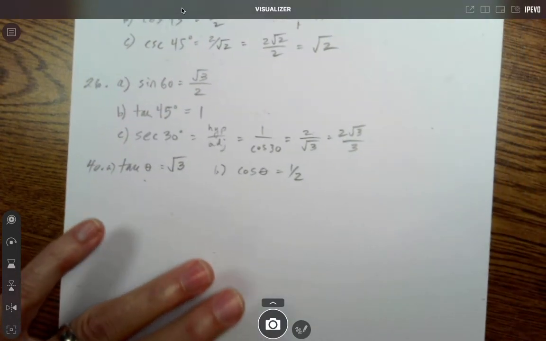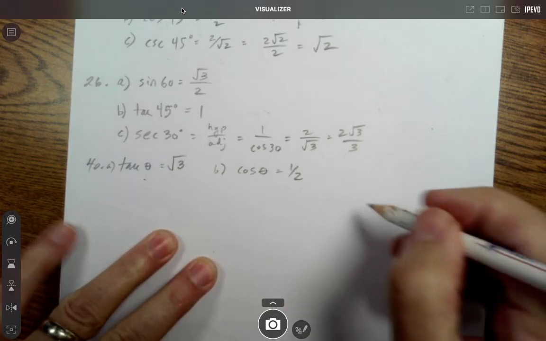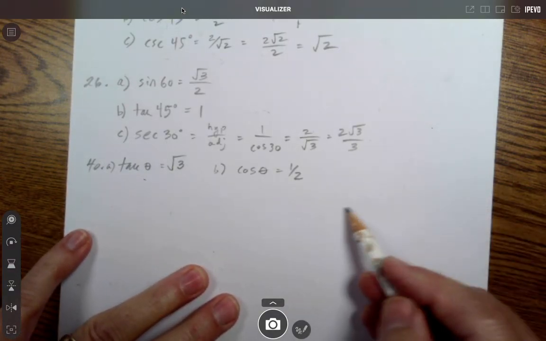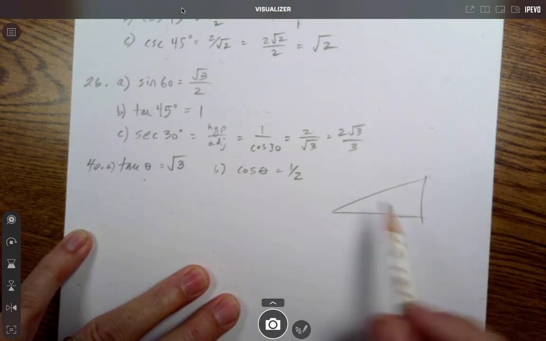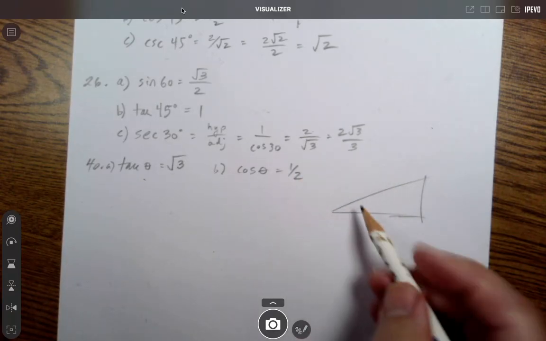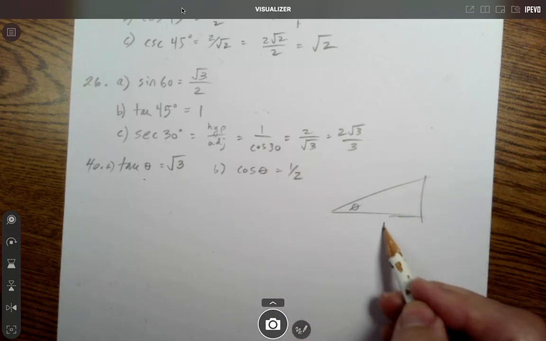All right. So let's look at a right triangle. Cosine of theta is adjacent over hypotenuse.